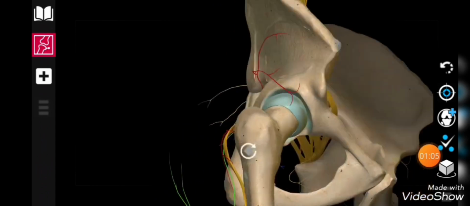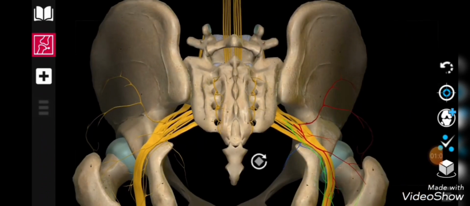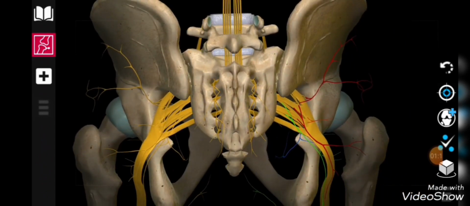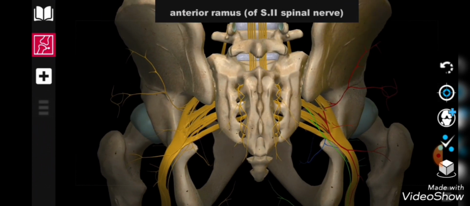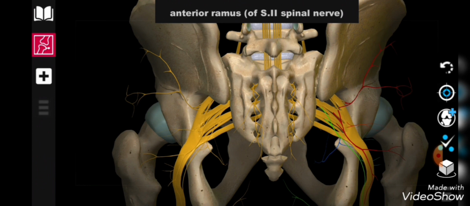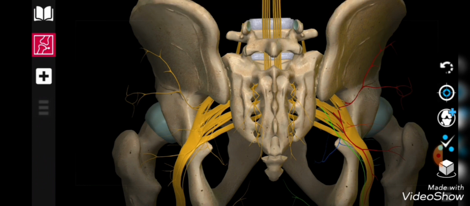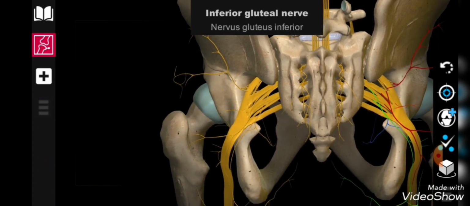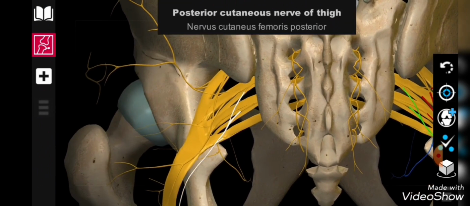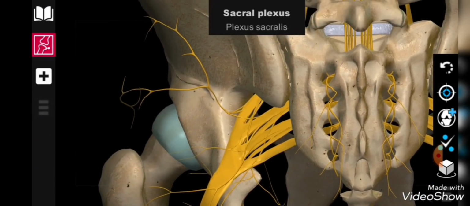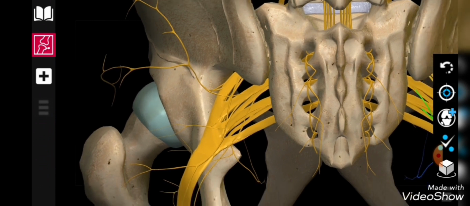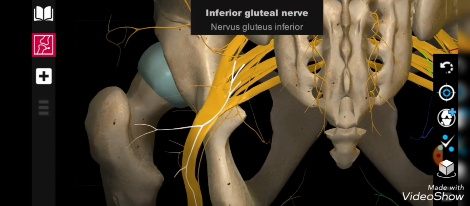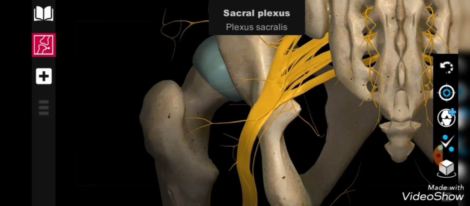As you can see, again this is the sacrum, and of course these anterior rami now come on both sides. I want to show you the sacral plexus as a whole, and downward you can see the formation of the sciatic nerve.